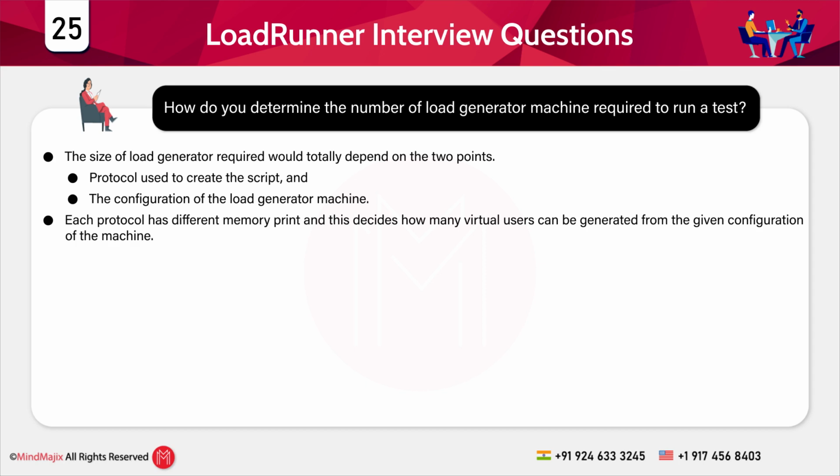Make a note of all these things, and based on that you have to derive a solution for load generators. In general, to avoid any dependencies or difficulties, we usually choose between 50 to 100 users from a single load generator machine. Commonly, I'm saying commonly, for an HTTP HTML application.